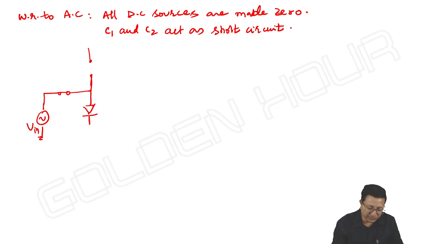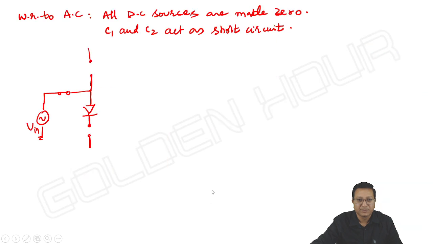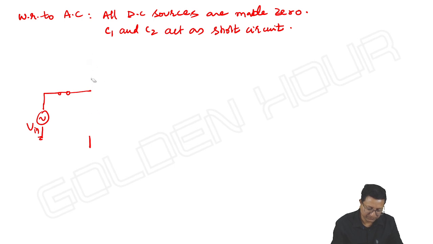Next, current source is 0, so it is open circuit. See what we have here, another current source, it is open circuit. Oh, sorry. I redraw the circuit.